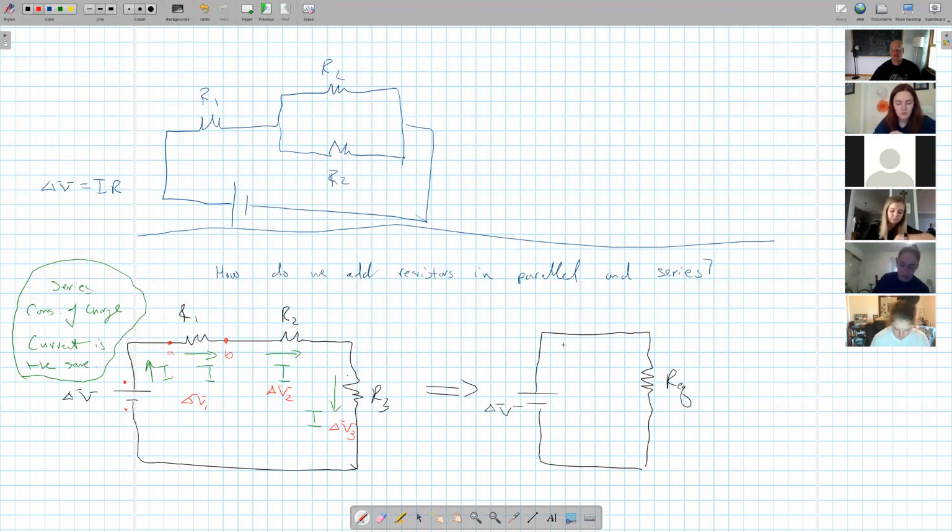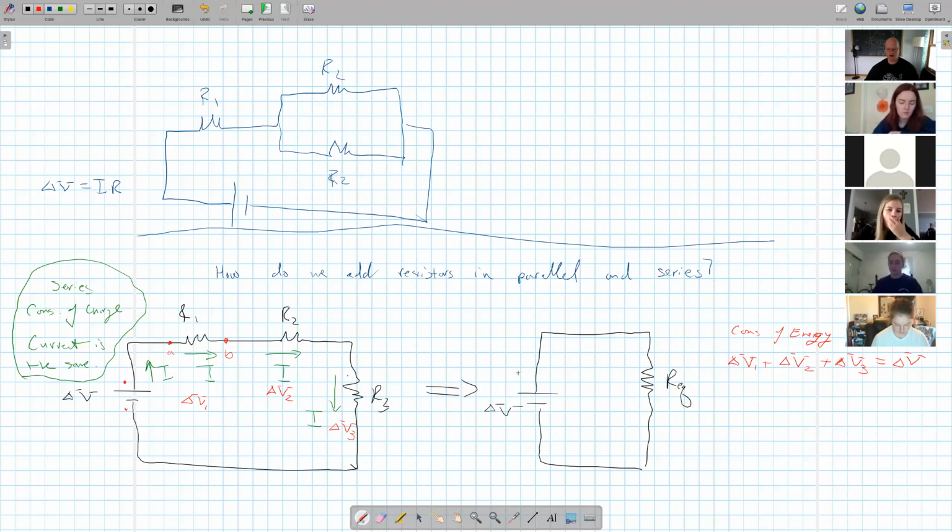So what has to be true is that the potential drop from the first plus the potential drop from the second plus the potential drop from the third must equal the potential which was given by the battery. This has to be true. This comes from conservation of energy. Conservation of energy says that whatever energy is given by the battery has to be lost by those 3 resistors.